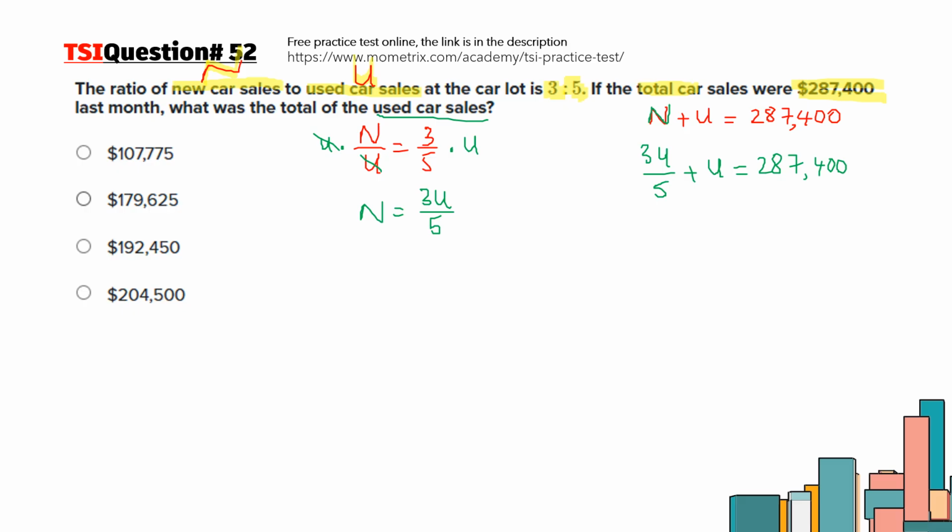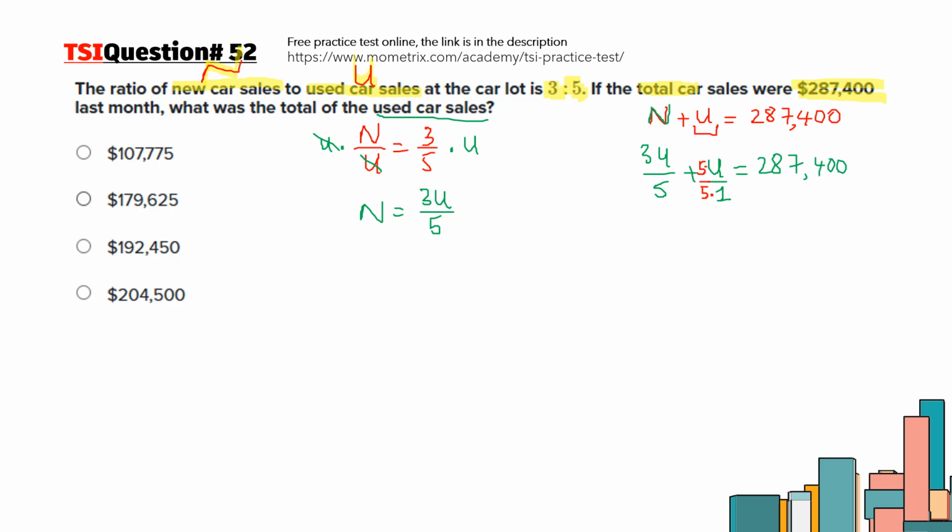Now we have fractions with a denominator of 5, so the least common denominator is 5. U is the same thing as U over 1, so we multiply it by 5 so that we make the same common denominator for the U term.